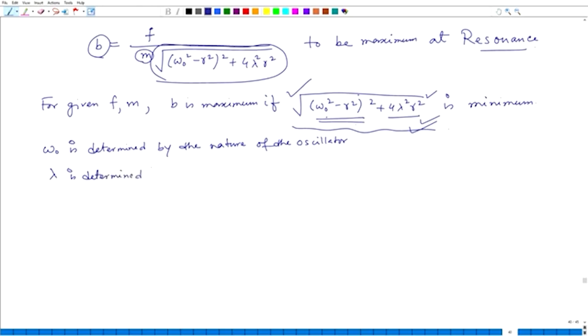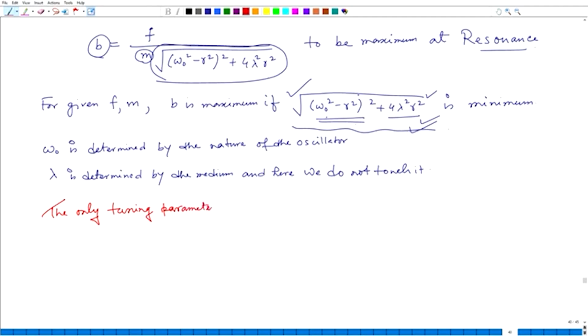You can change lambda, but here we do not touch it. So, the only tuning parameter is gamma.